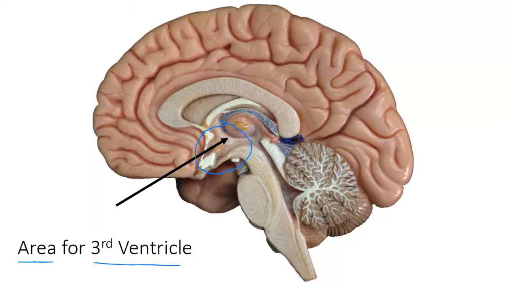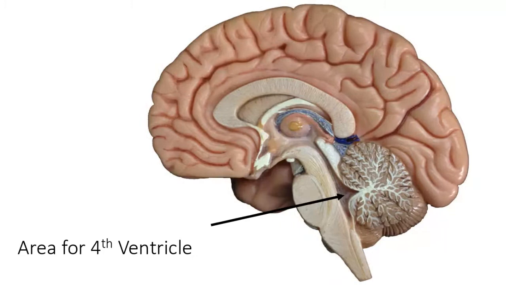If there's no writing on that slide, you write hypothalamus down. Then here, that's the area for the fourth ventricle.